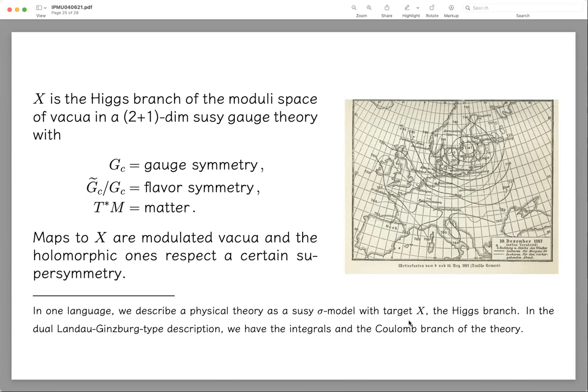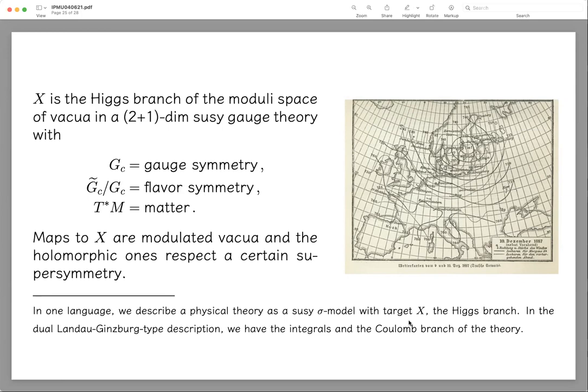Maybe the best explanation for why it is interesting to study maps to the vacuum is the picture of a weather map. What is weather? Weather gives you pressure and temperature. Pressure and temperature are the coordinates on the moduli space of Gibbs states or steady states for air. So a weather map is a map to the moduli space of vacua.